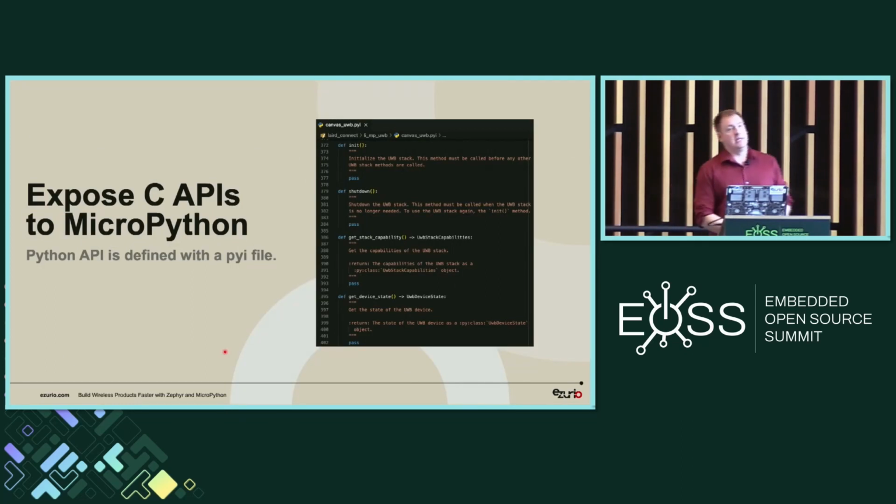Next, we need to be able to expose any C API we want to MicroPython. This is done with PYI files. So here's a quick snapshot of our UWB PYI. This is how we define a new API for MicroPython. We've got our init function, and then we can document what each of these does.